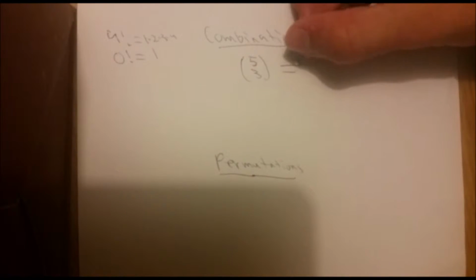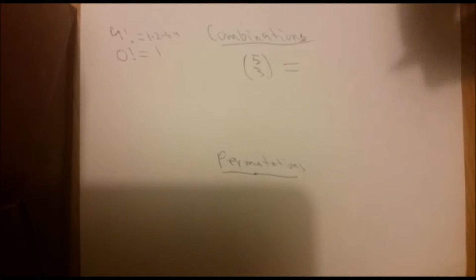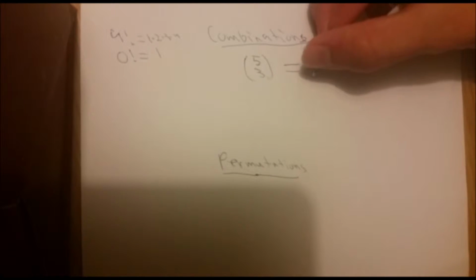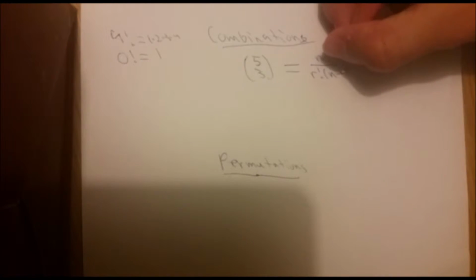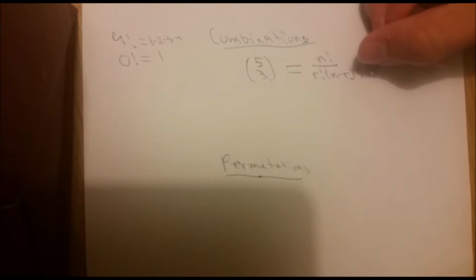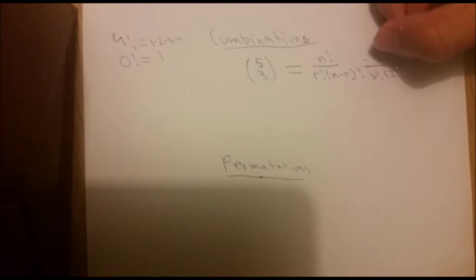And that value, so the number of different ways in which you can choose 3 people, is equal to n factorial over r factorial times n minus r factorial. This is equal to 5 factorial over 3 factorial times 2 factorial.